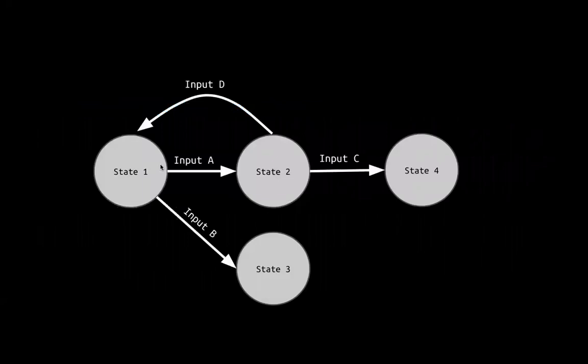And then from that state, when it receives input, it moves into another state based on what the input was. So say that we start in state 1, we receive input A, we'll move to state 2. If we receive input B, we'll move to state 3. If we ended up in state 2 and then got more input, if it's a C, that would take us to state 4. If it's input D, it would take us back to state 1.